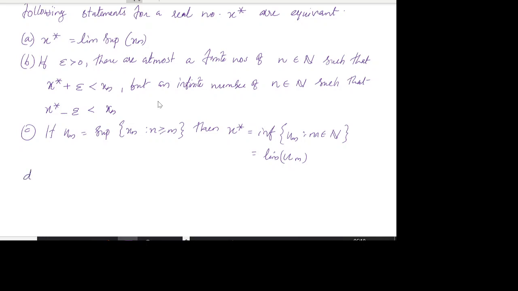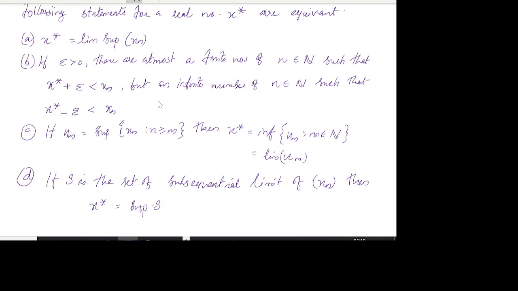And D: if S is the set of subsequential limits of xn, then x star equal to supremum of S. So as I have said, different textbooks give different definitions for limit superior and limit inferior.